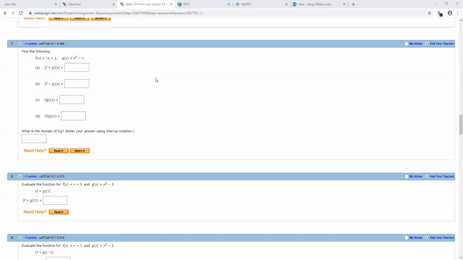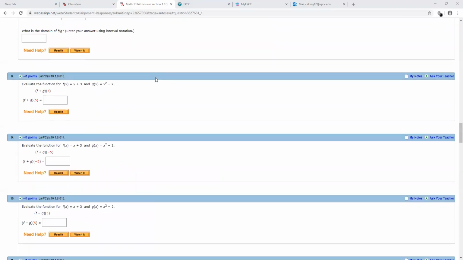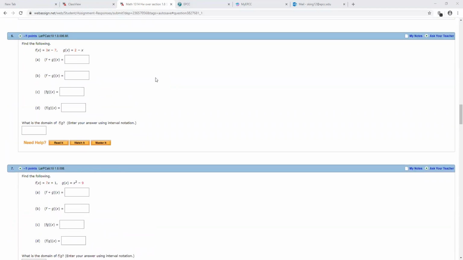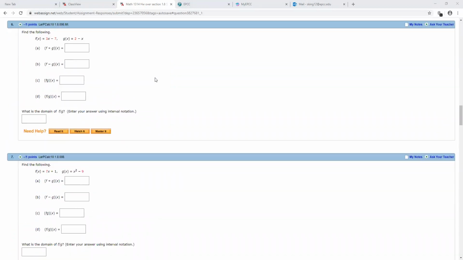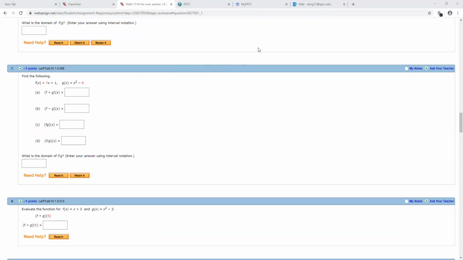So let me pick something here. How about number 7? So they give us one of the original functions, here is a second one, and they call one of them f of x and one of them g of x. Now they want us to create a new function by doing something to the two.